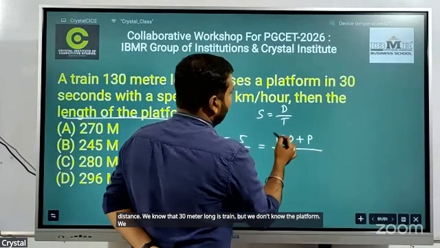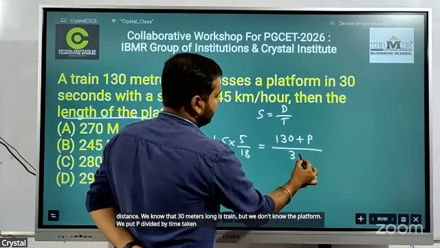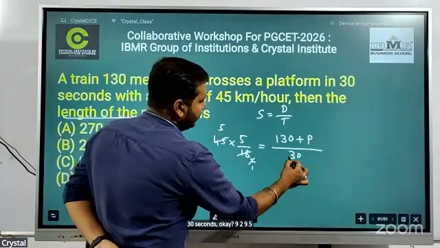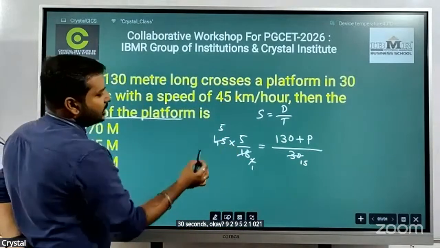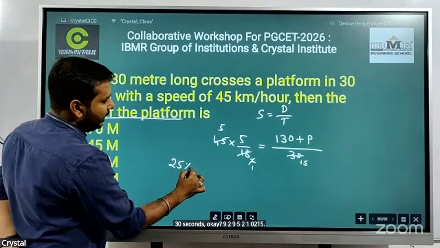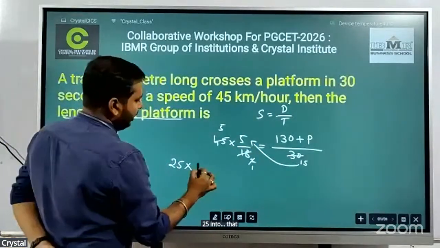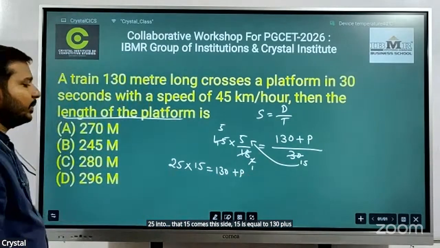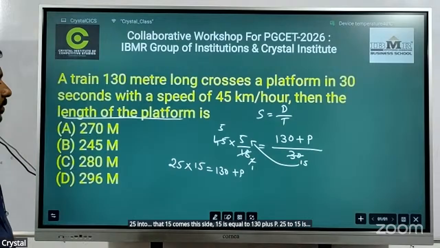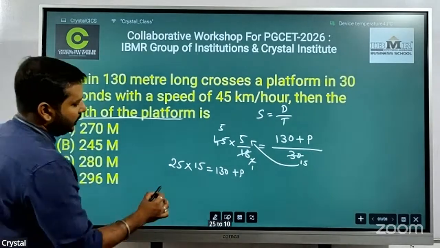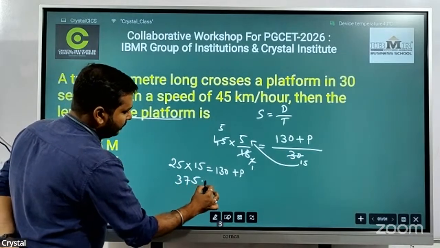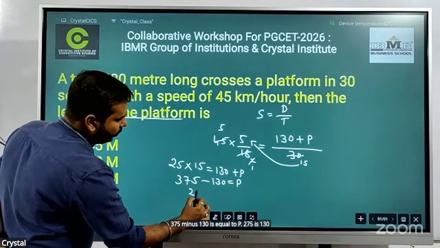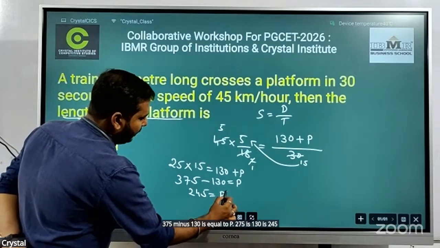We put P divided by the time taken, 30 seconds. 9 twos are 18, 5s are 2 ones are 2, so 45 times 5 by 18 is 25 over 2. 15 comes this side. 25 into 15 is 130 plus P. 25 into 15 is 25 into 10, 250, plus 125, so 375. 375 minus 130 is equal to P. 245 is equal to the platform length.